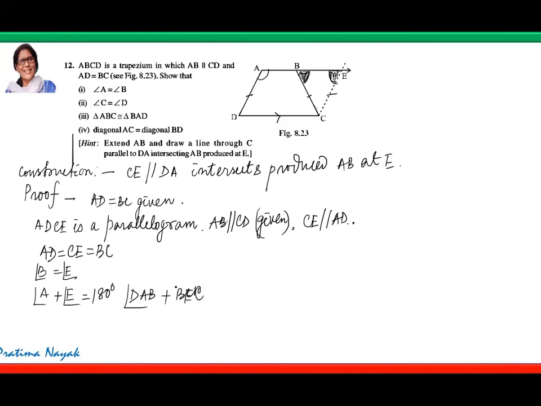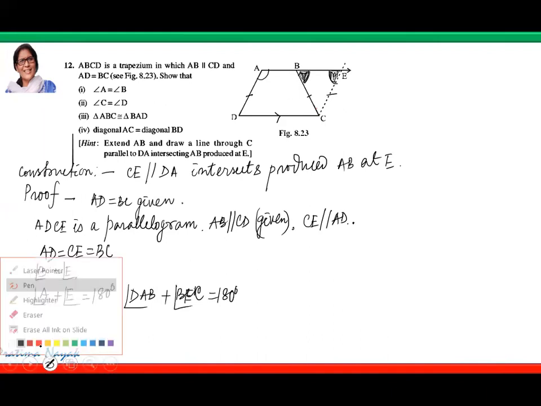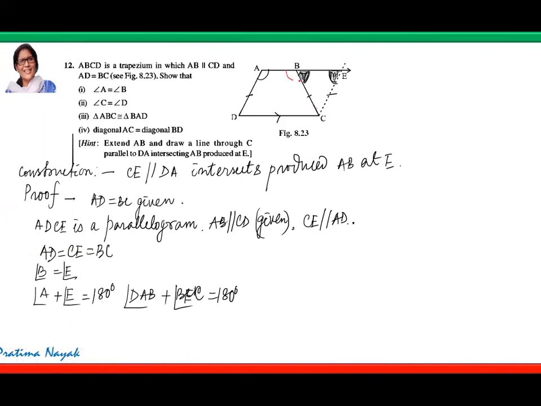This gives you 180 degrees because they are co-interior angles. Similarly, ABC angle and CBE angle are 180 degrees. Why? Because they are a linear pair. So I am writing angle ABC plus angle CBE is equal to 180 degrees.